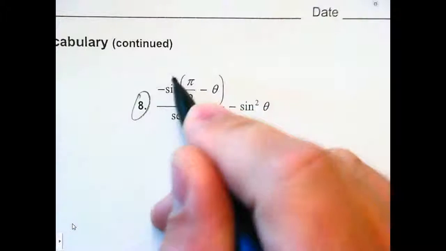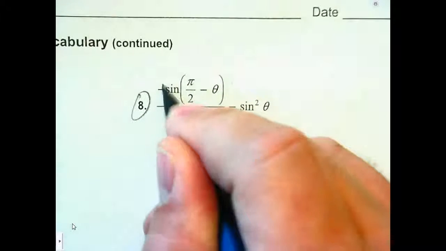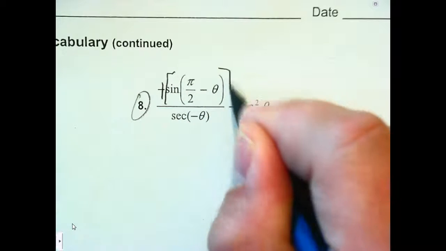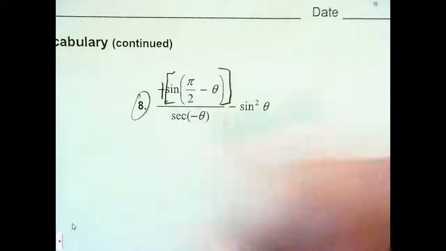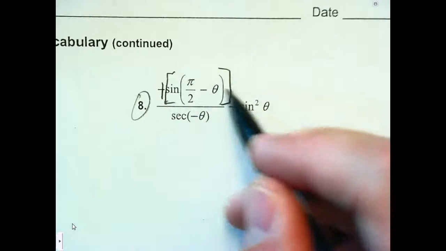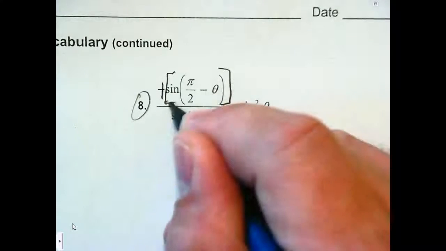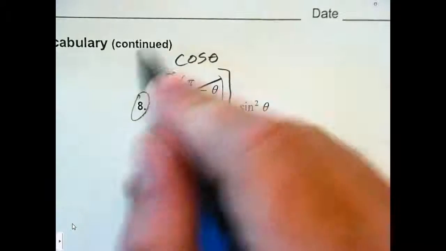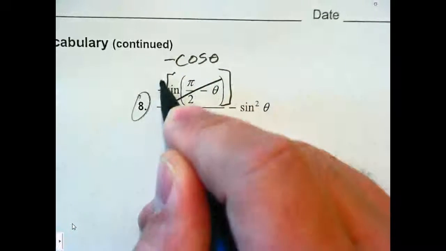So this right here, if I just ignore the negative 1 for a minute, just think of this piece. What is sine of pi over 2 minus theta? That is cosine. Okay. And then we'll put the negative sign back on.